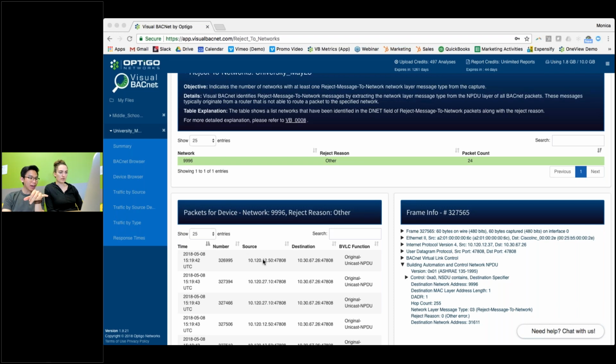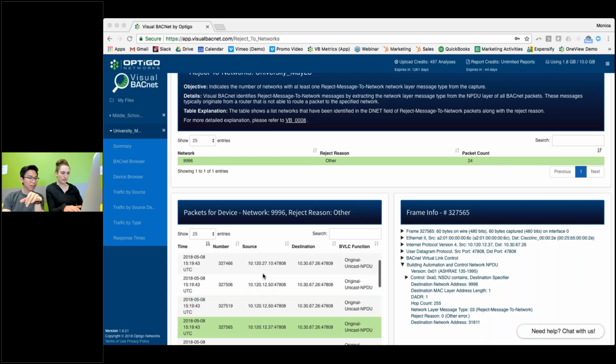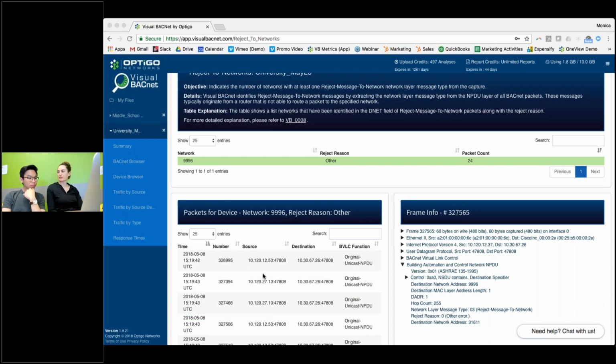But in this case, there are three different senders for reject to network. Which means that there's 3 different devices that think they are the router for that network. I want to be careful saying that, because we don't see duplicate networks, or maybe, right, just because we don't see I-Am-Router-To-Network in this capture.